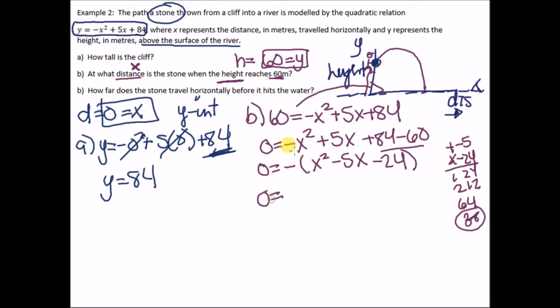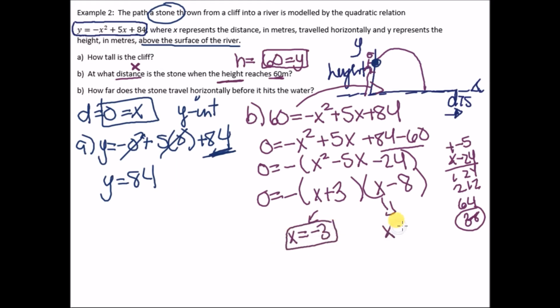Because the coefficient of this trinomial is 1, we can just do product-sum. So x plus 3 and x minus 8 are our two factors. In factor form, there is a negative sign built into the bracket, so x equals negative 3 and x equals 8.